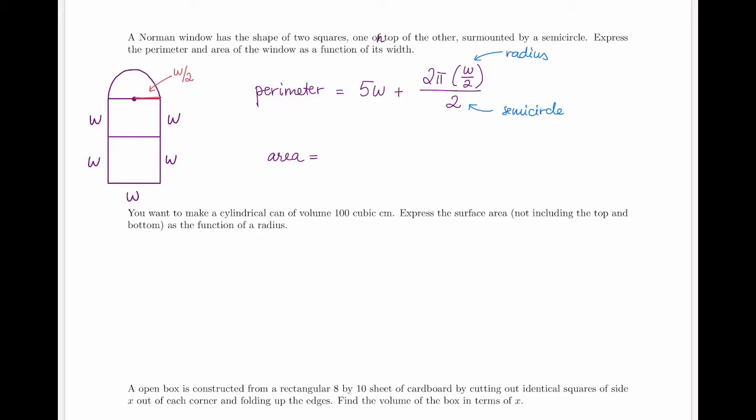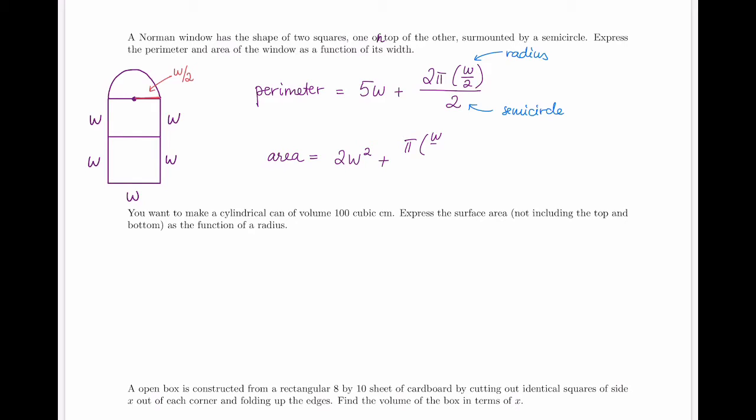Using similar logic, let's think about the area. So the area consists of 2 squares. Each square will be of area w squared, so 2w squared. 1 w squared for this square, 1 w squared for this square. And then I also need the area of the semicircle here of radius w over 2. So remember that the area of a circle is pi r squared.